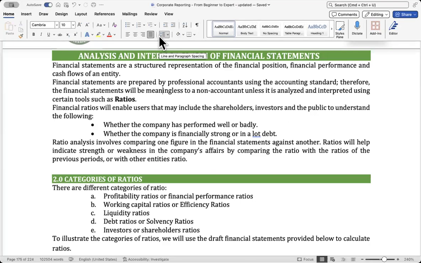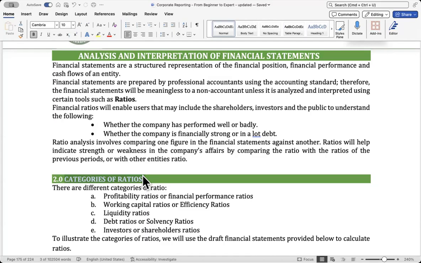Let me start with ratios. The first thing is, why even ratios in the first place? Why are we using ratios? Because when we want to analyze financial statements, it shouldn't be something difficult that we will now need some set of tools to do this analysis.